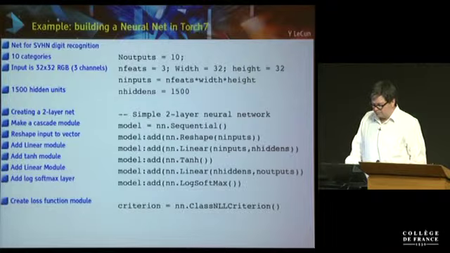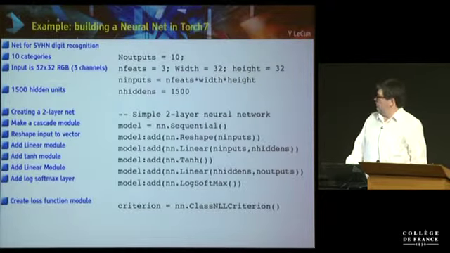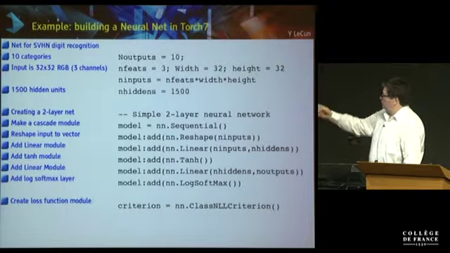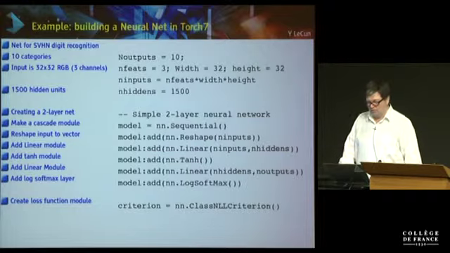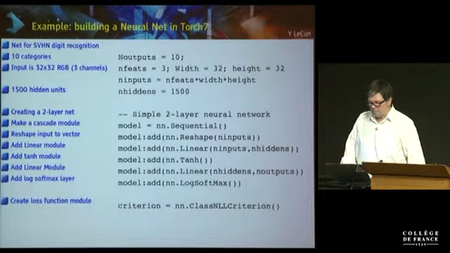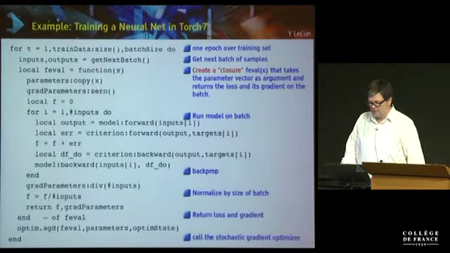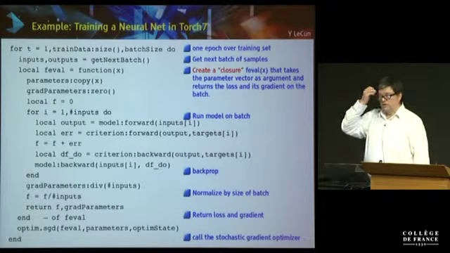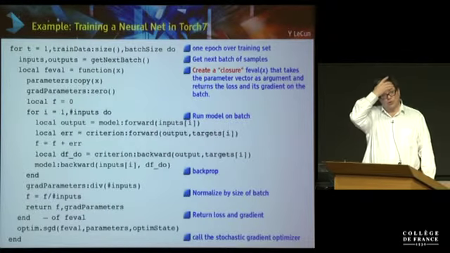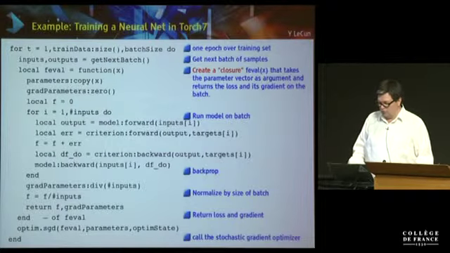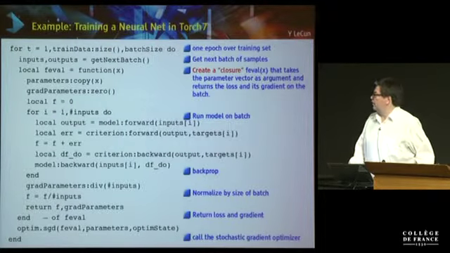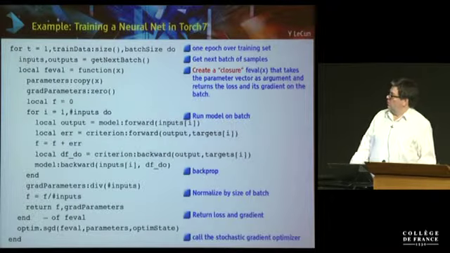So a standard two-layer neural network with a softmax and a log softmax at the output and a negative log-likelihood criterion due to cross entropy, as I said before. It's very easy to create a network and then to train it. I won't go into the details of this code. There are lots of tutorials available on using Torch and similar tools.